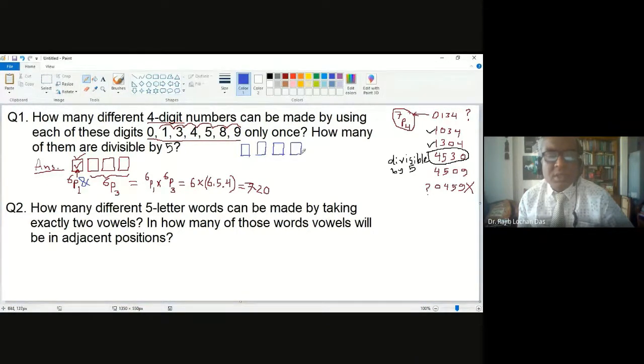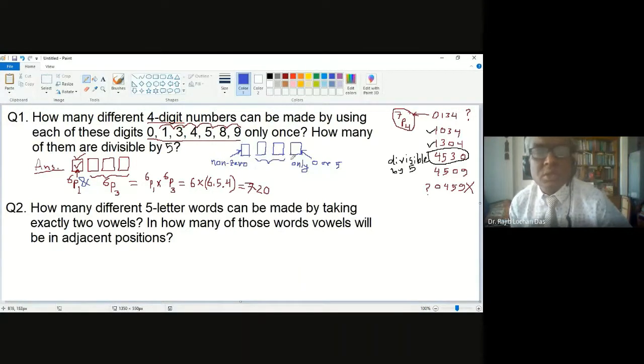And the right side position also has a restriction: the rightmost position should be 0 or 5 only. Then you can say it is divisible by 5. The other 2 positions can be anything, so no problem with that.